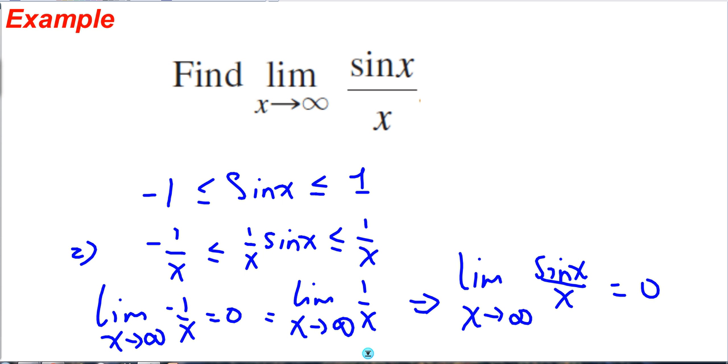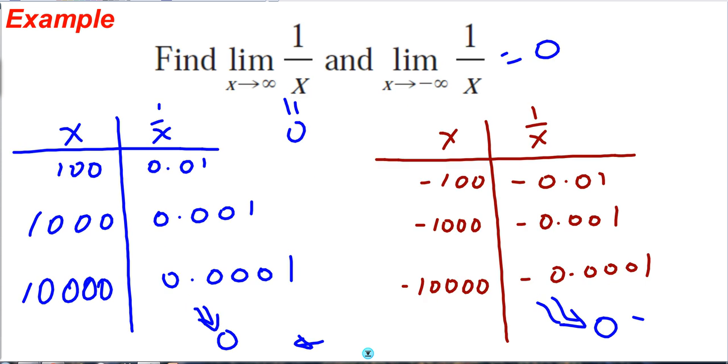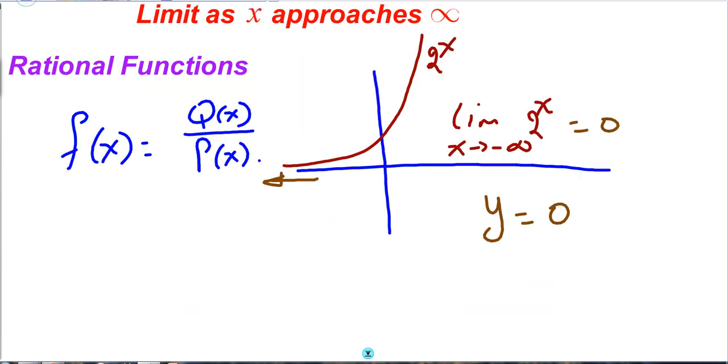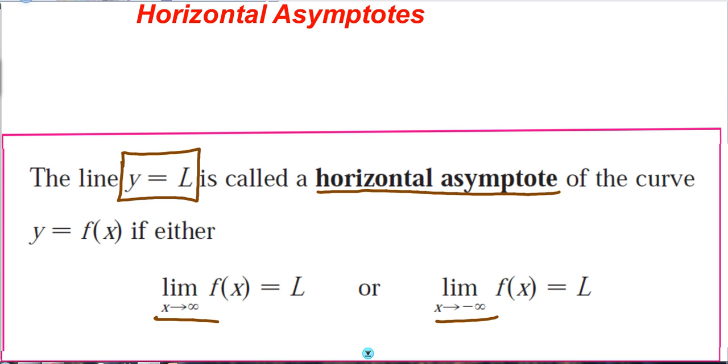And the line y equals 0 is the horizontal asymptote of sine x over x. And y equals 0 is the horizontal asymptote of 1 over x. So that is how you find horizontal asymptotes.